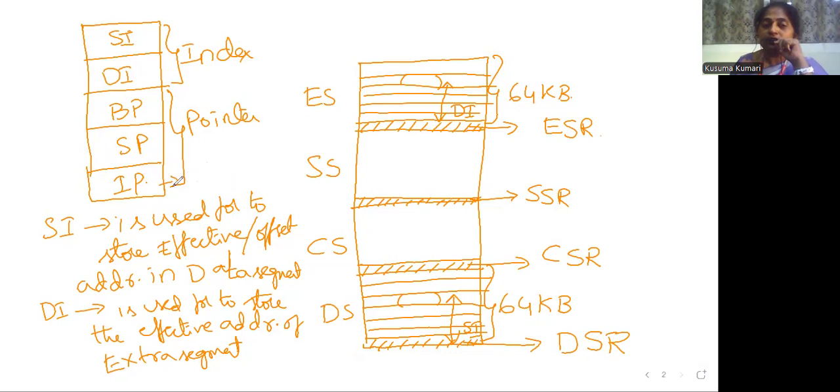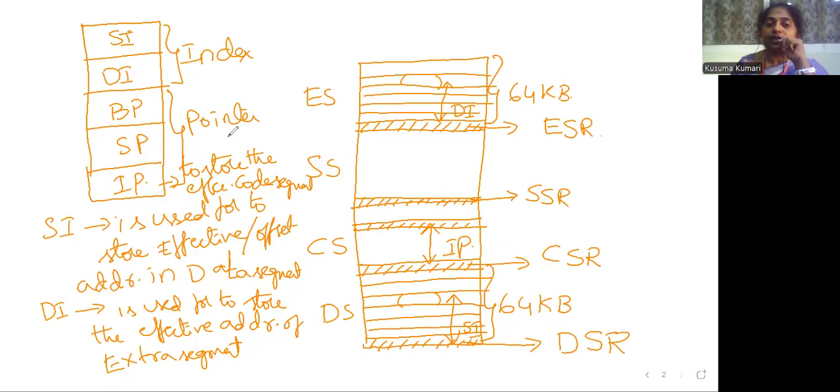Suppose this is one particular memory location in the code segment. In this code segment, the segment base is available in the code segment register, but the offset address is available in the instruction pointer.